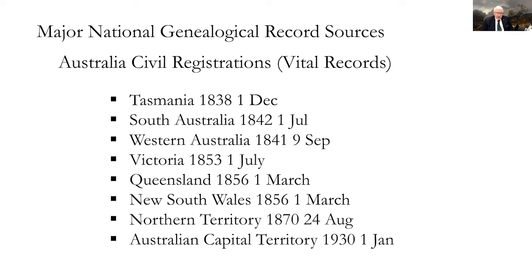So you can see the dates there. These are cutoff dates. In other words, if you're looking back in time at civil registration records, they're going to basically stop in each of these places on those dates. Before that, there were no registration records. So this is where they start.